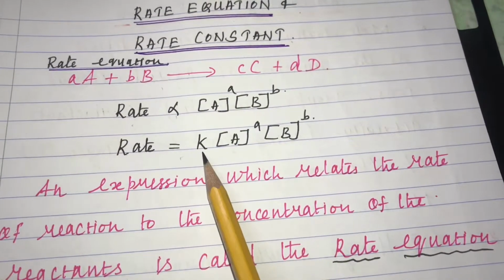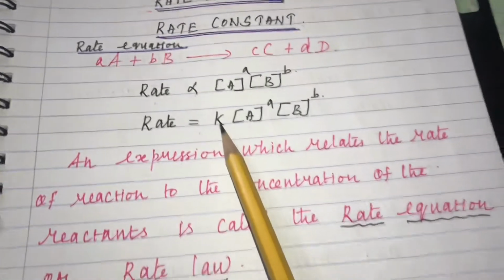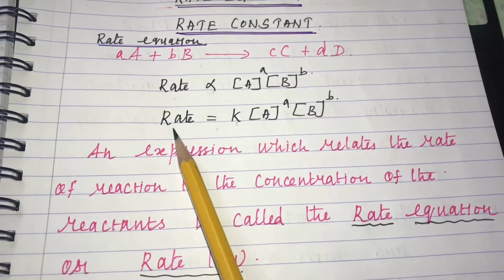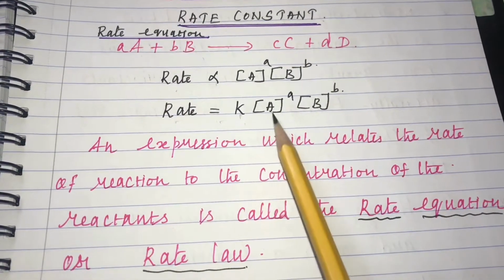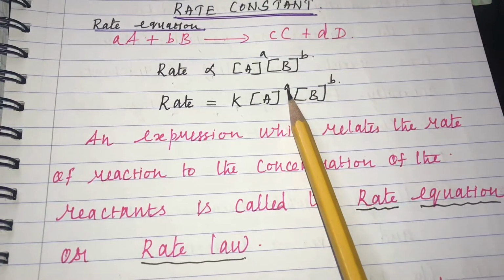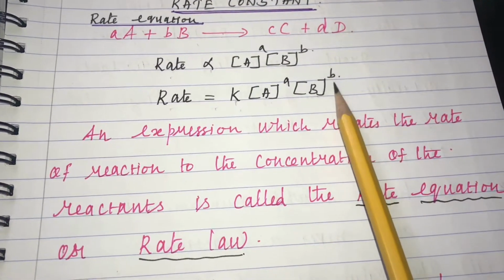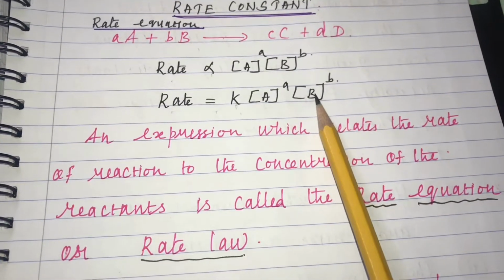We are introducing one constant called K, which is called the proportionality constant. So, the rate of the reaction is equal to K, concentration of A, where the number of moles is raised as the power, times concentration of B, where the number of moles is raised as the power.